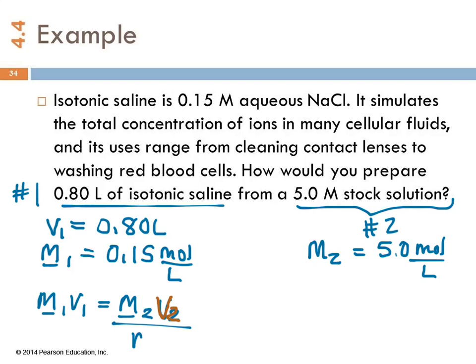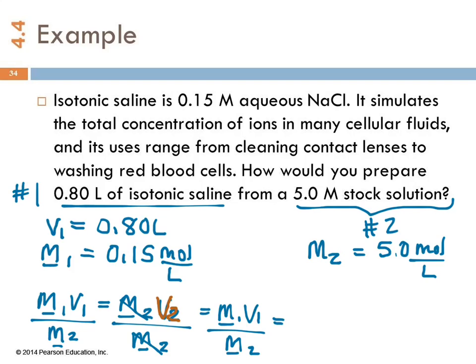We're going to divide both sides by M2. These guys can't cancel out. We find that V2 is equal to M1 V1 over M2. Sometimes students want to put the numbers in there and then rearrange things. I really don't recommend that.